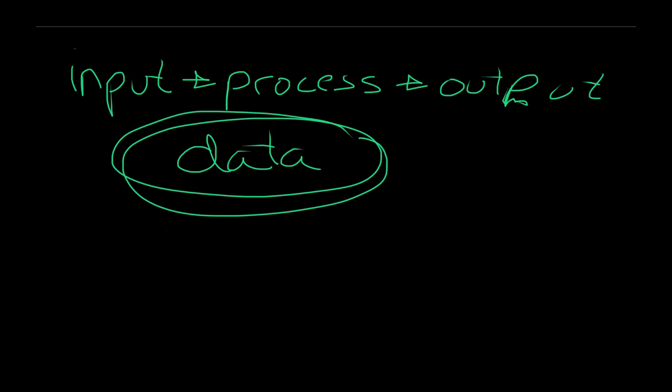So we need to be able to represent data in our computer programs, and we do that with variables. We have to give our variables some sort of name, and you can think of the name as a label. It's an address. It's what allows us to retrieve the value of that variable. So let's say I have a variable that I'm going to name age.